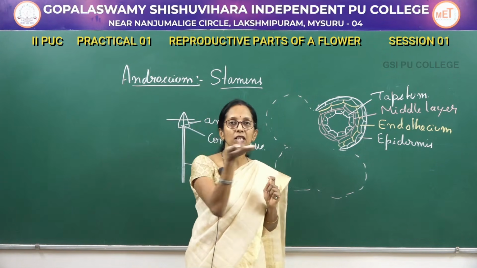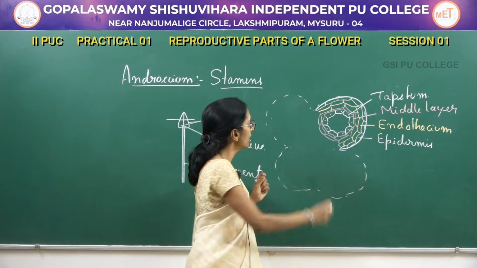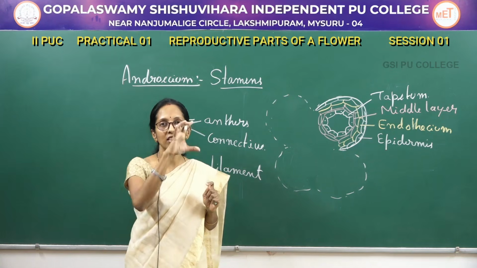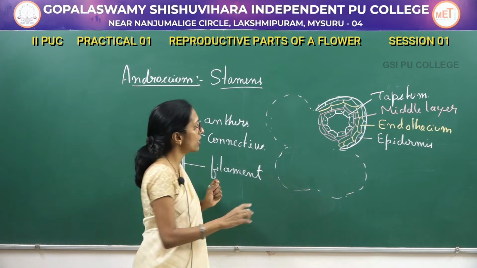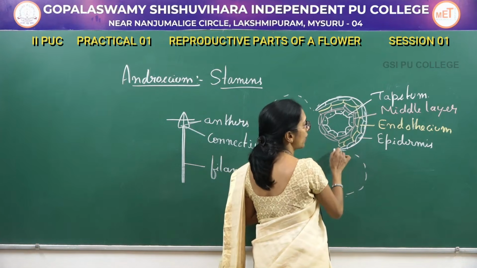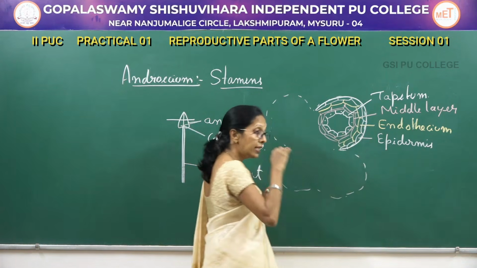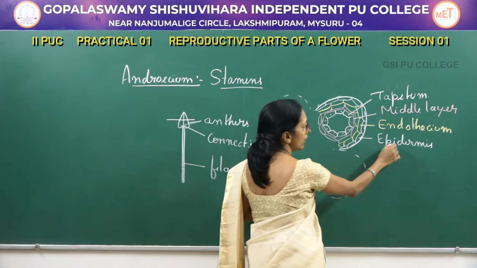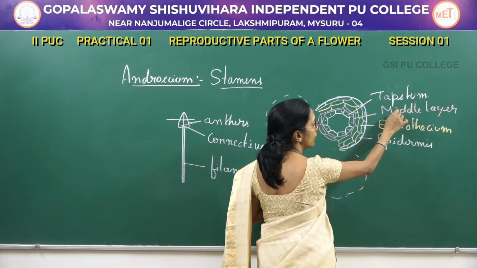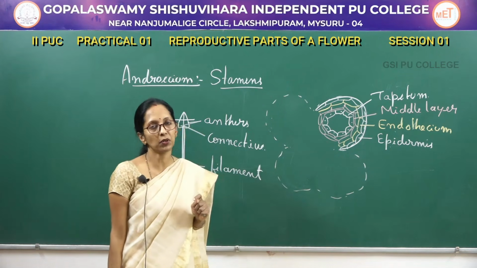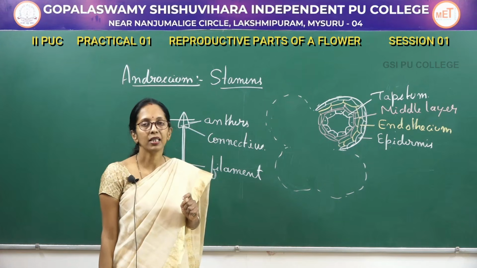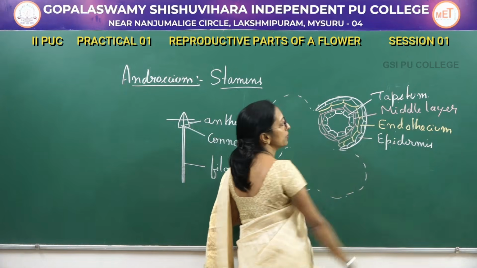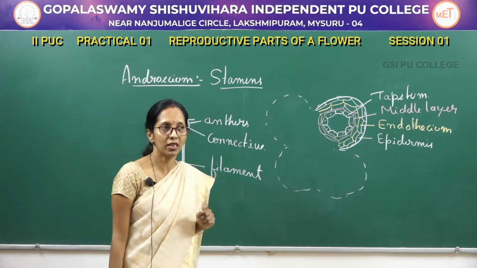When we take the transverse section, we can see 4 locules or chambers or microsporangia, and each microsporangium is surrounded by 4 layers: epidermis, endothecium, middle layer. These 3 give protection and also help in dehiscence of pollen grains, and the innermost layer is said to be the tapetum, a nutritive layer.